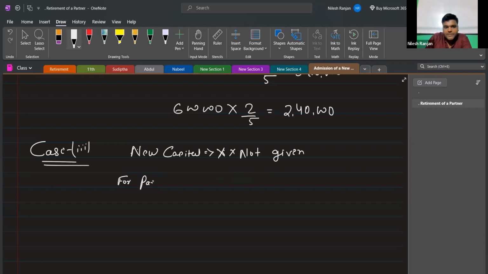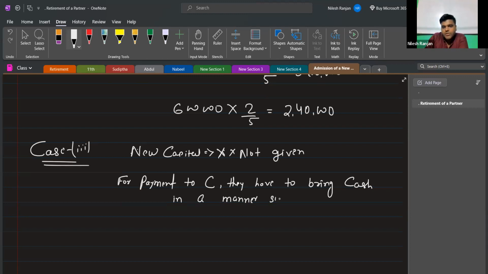For payment to C, A and B have to bring cash in a manner so that their capital will be proportionate to their profit sharing ratio.